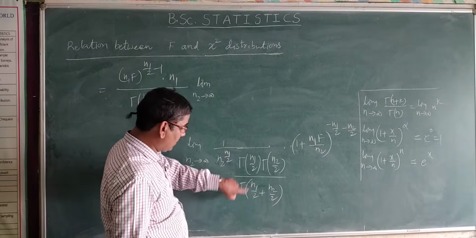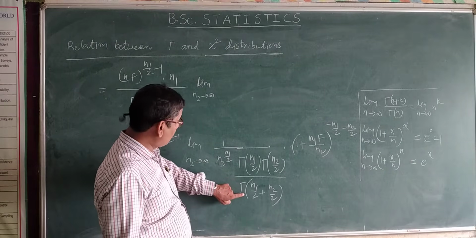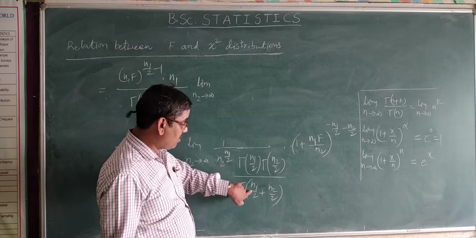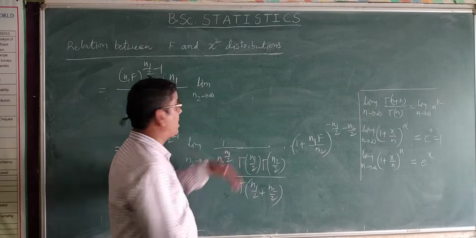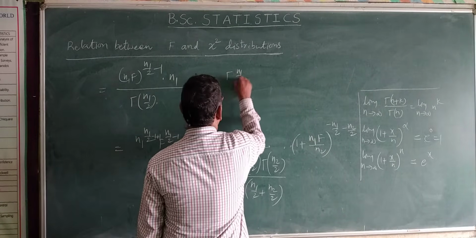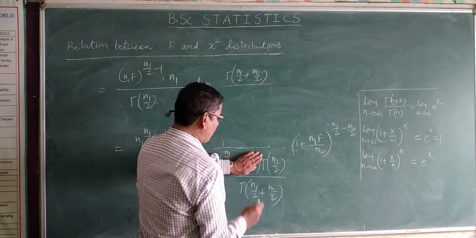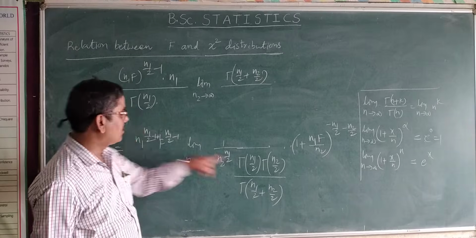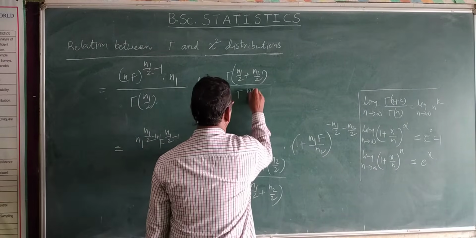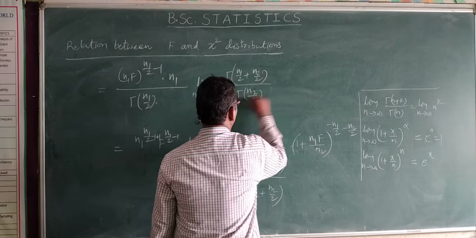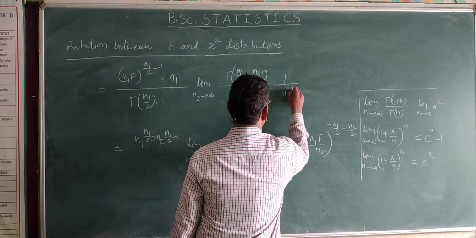I take first this particular term, gamma of (n1 by 2 plus n2 by 2) in the numerator, divided by gamma n2 by 2 multiplied by 1 divided by n2 power n1 by 2.